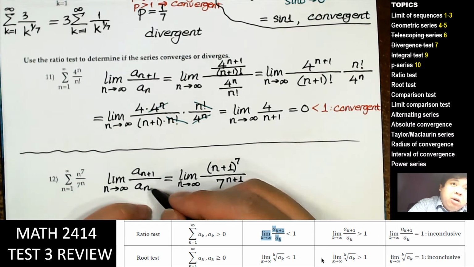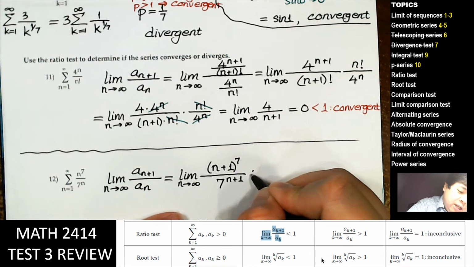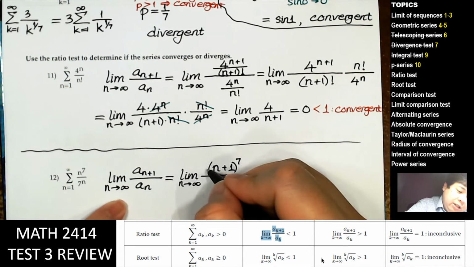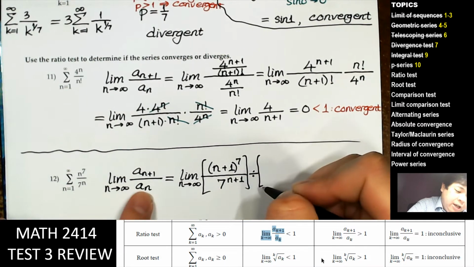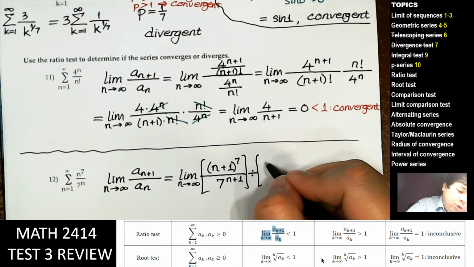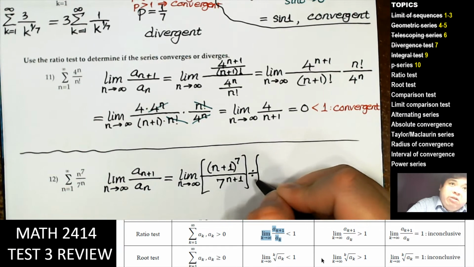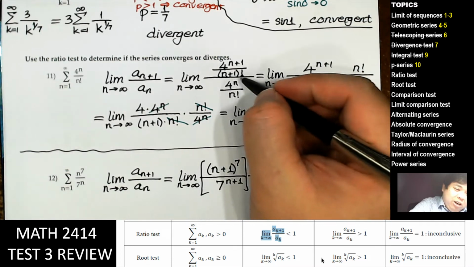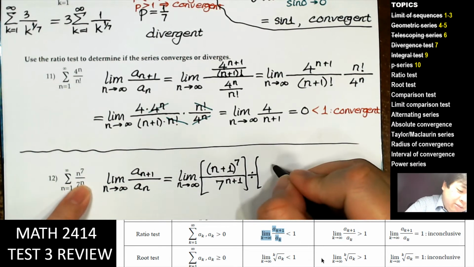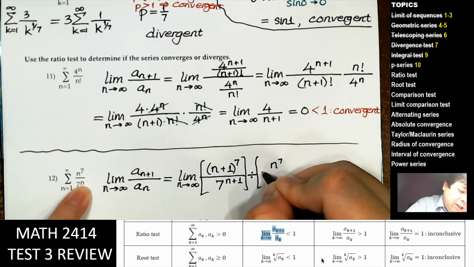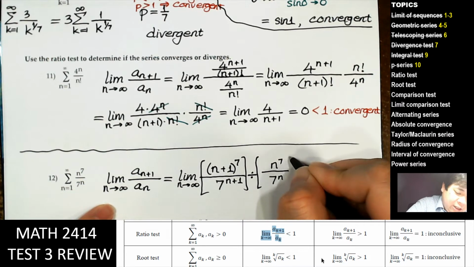And then we divide by a sub n. Notice I'm writing the division sign here instead of writing the big fraction, which is the same, right? n to the 7 over 7 to the n.